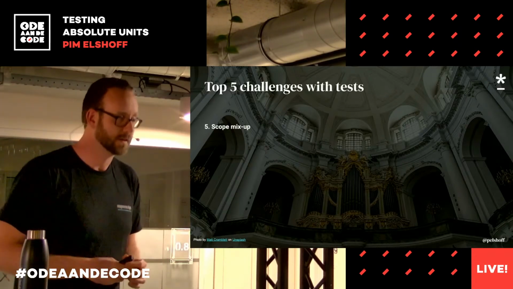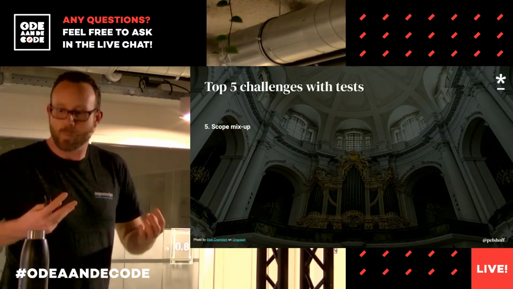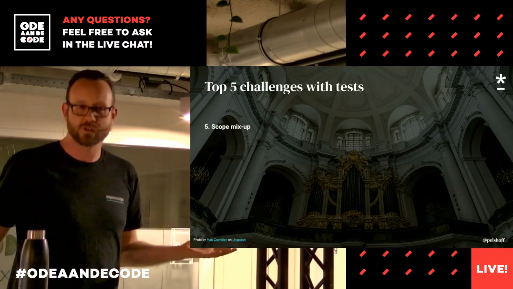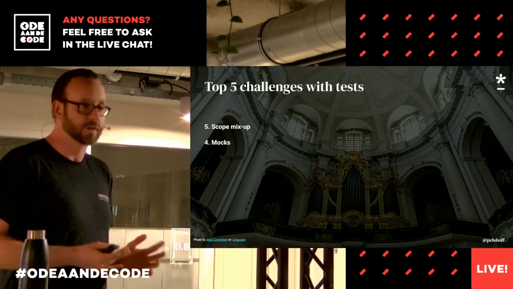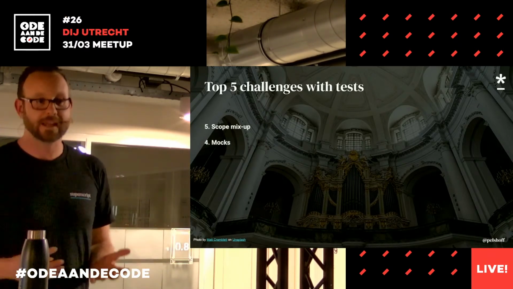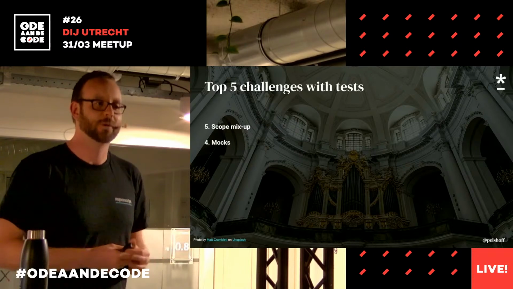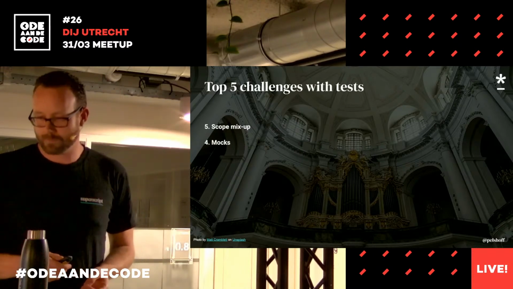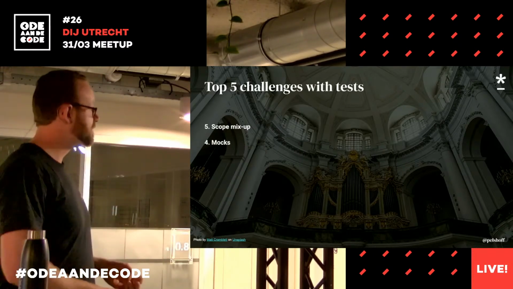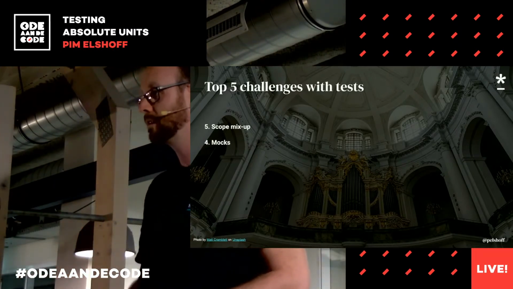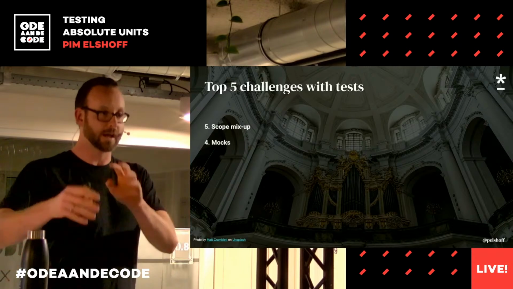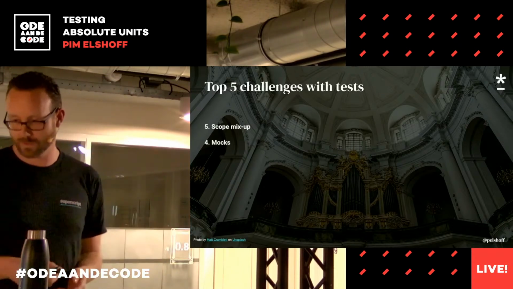Number five, scope mixed up, like, what am I even trying to test? Mocks, of course. Some people hate them, some people love them, some people love to hate them. It's a wonderful subject to have lengthy discussions on. If you write tests with mocks, mind that you will not lose the ability to refactor. Don't lock too many things down that you can't automatically change, but of course you will know that.